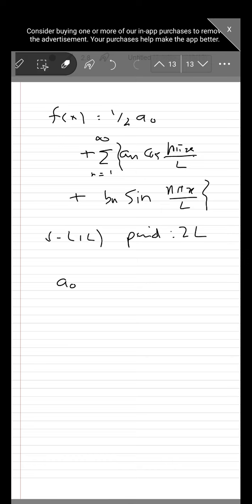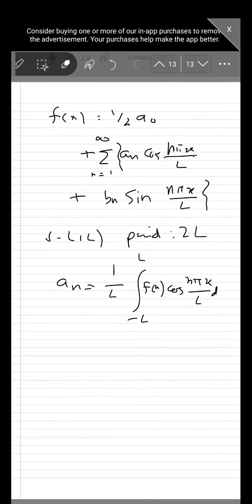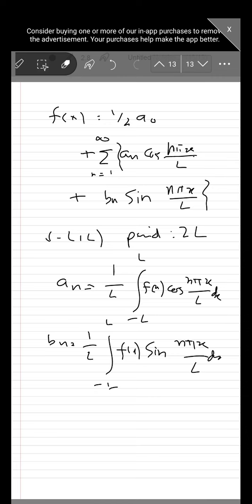Instead of pi, the interval is minus L to L. So an will be equal to 1 by L integration from minus L to L of f(x) cos(n pi x by L) dx, and bn will be equal to 1 by L integral from minus L to L of f(x) sin(n pi x by L) dx. So this is how they present Fourier series.